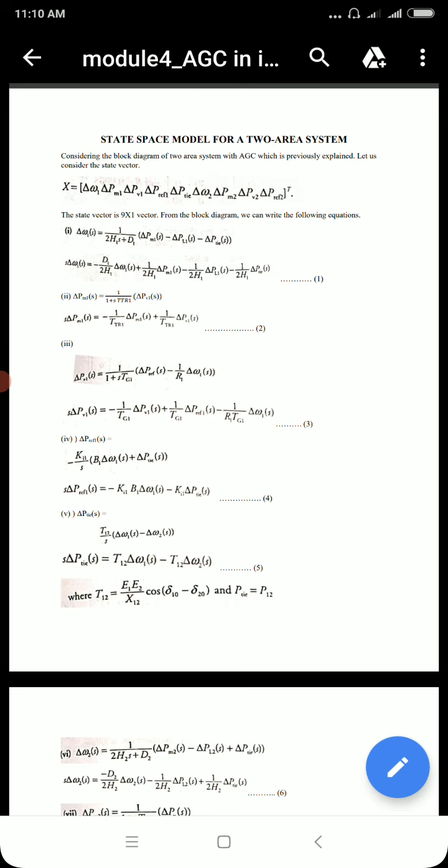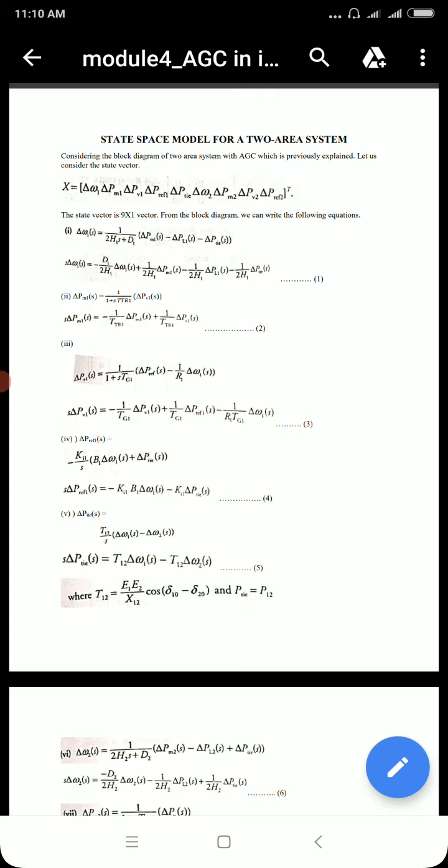Again multiply the denominator, and take the terms to one side. We get the same for delta P reference of s and delta P tie line of s. Here T12 is used, where T12 is E1 E2 by X12 into cos of (delta 10 minus delta 20), which is nothing but P tie, or equal to P12. So this is T12.